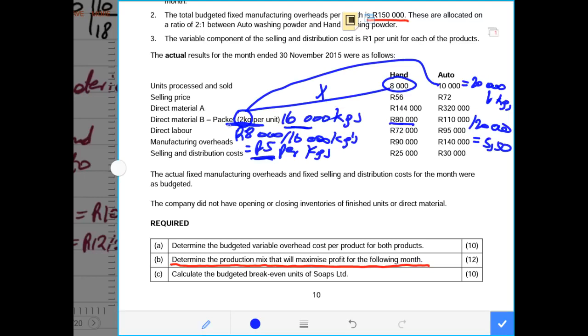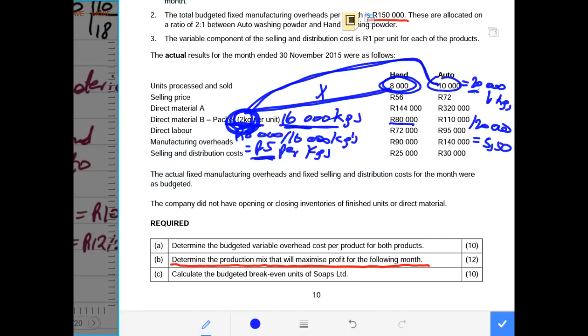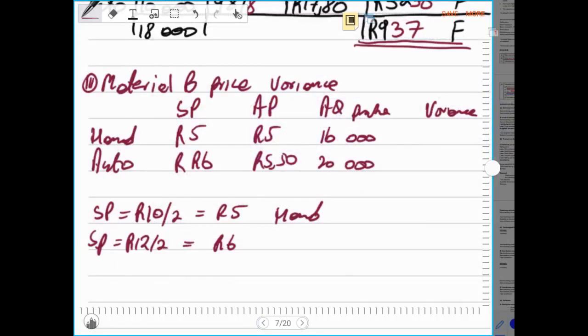So if each unit consumed 2 kgs and we manufactured 8,000, then 2 times 8,000 gives us 16,000 kgs. And if each unit of auto washing powder requires 2 kgs, we times that by 10,000, which gave us the kgs that were bought, that is 20,000 kgs. So that is where my workings are coming from.